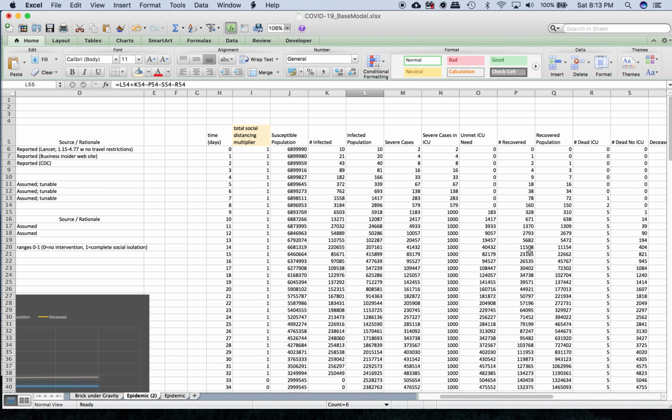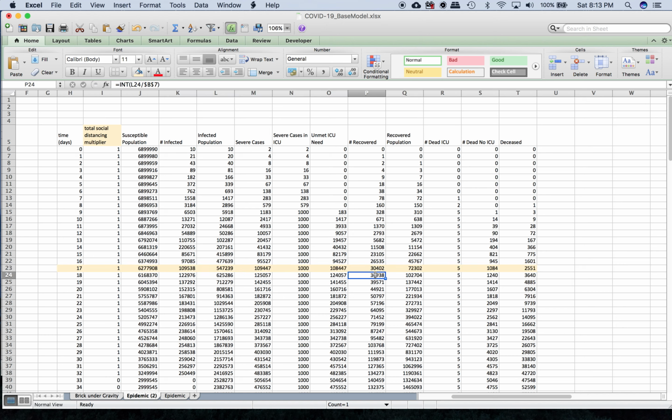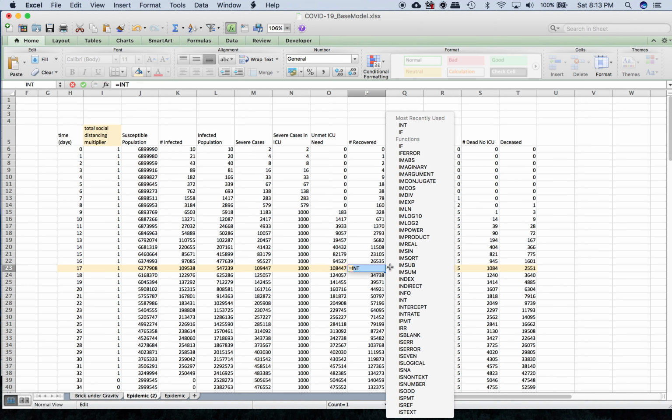So I'm going to fix it in a way that's a little bit imperfect itself, but it'll get us closer, I think, to the results we want. So I'm just going to highlight this because the way I'm going to do this is kind of funky. But okay, so for number recovered, where's that? 18. Okay. So at day 17 here, I'm going to, again, cut that out. So I'm going to use another if statement here.